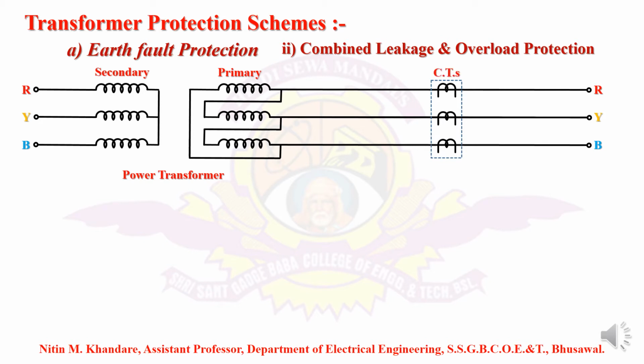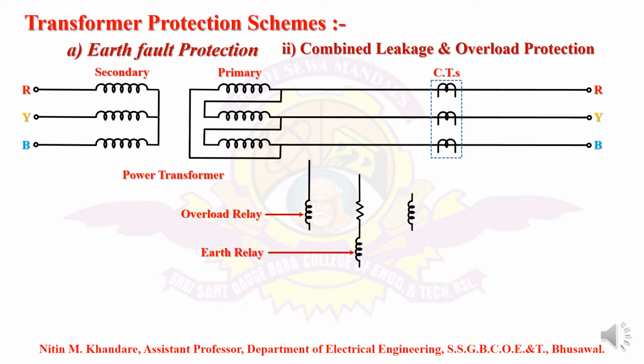as well as two overload relays, which have high current settings. Along with that, we are using a single earth relay, which has a low current setting. That's why one resistance is inserted in series with it. All these are connected in star fashion. Now the connections of this total arrangement along with the CTs are like this.